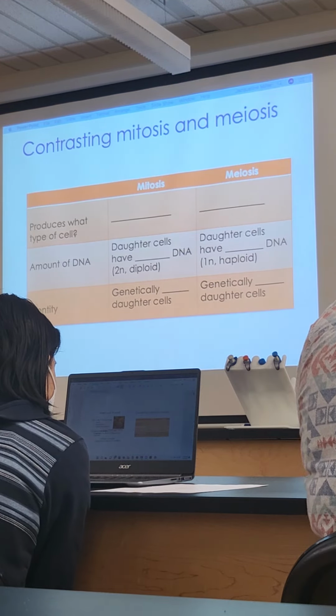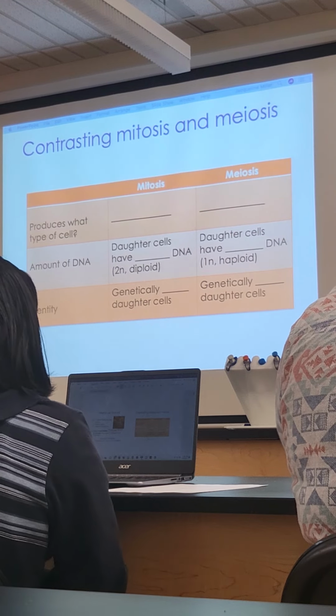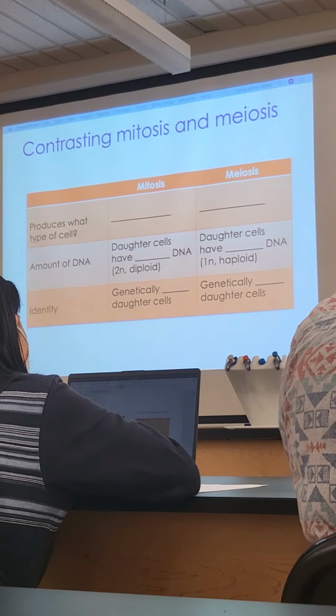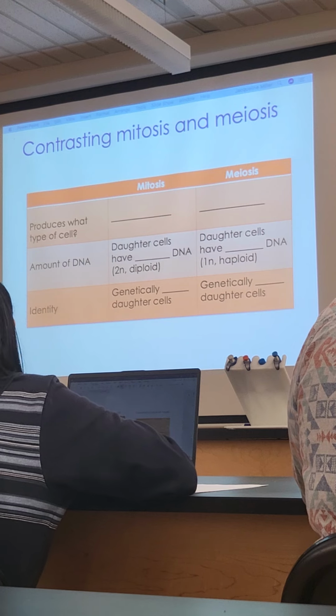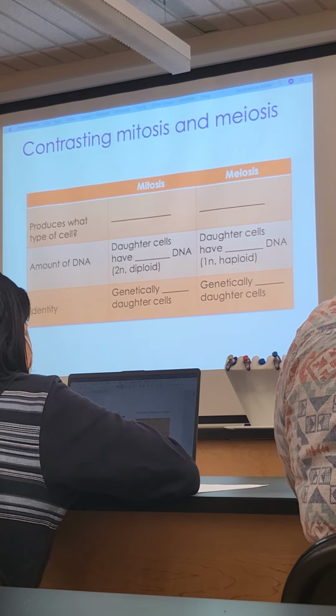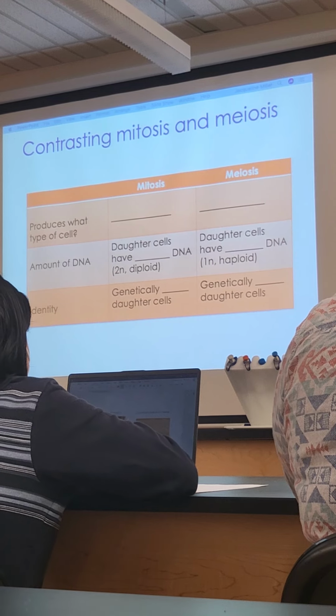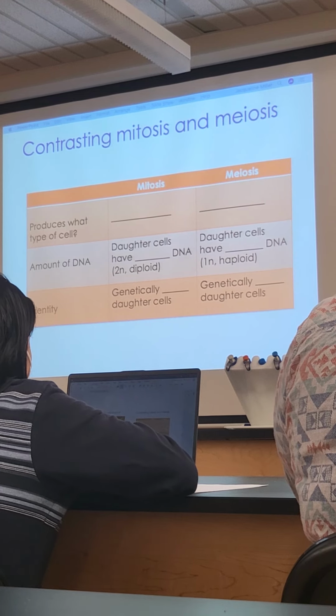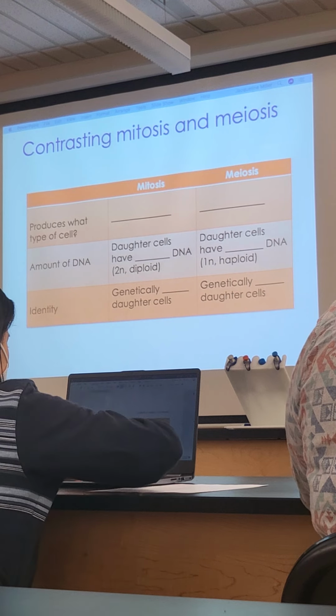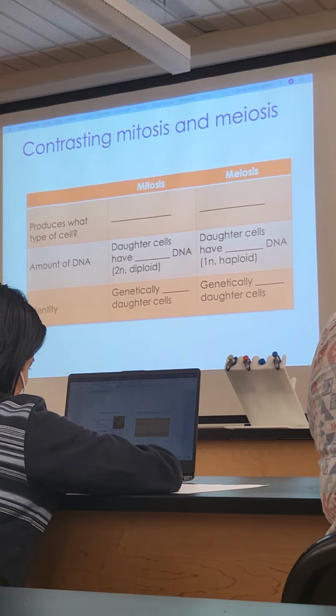All right, so for mitosis and meiosis, let's see if we remember this from Bio 160. For mitosis, what type of cells are produced by mitosis? Somatic cells. So you can put somatic in that blank. Somatic cells are produced.